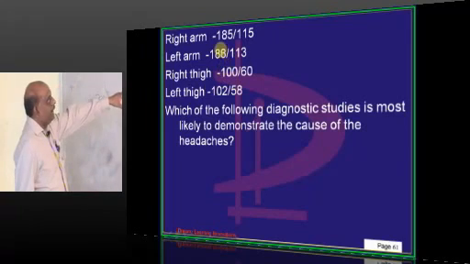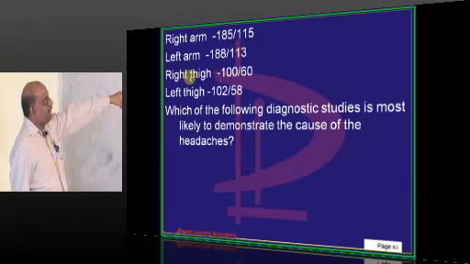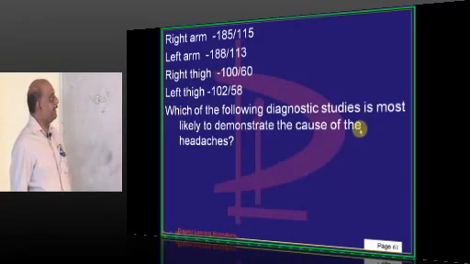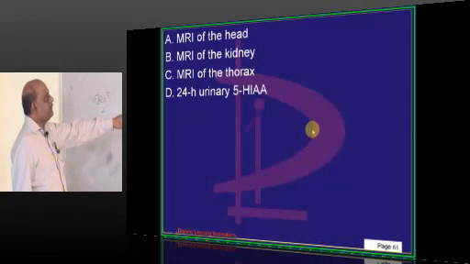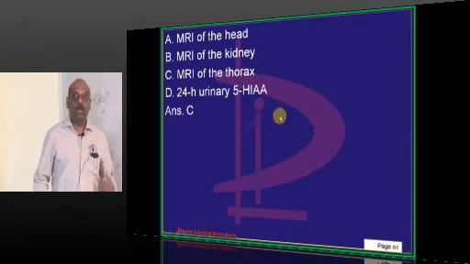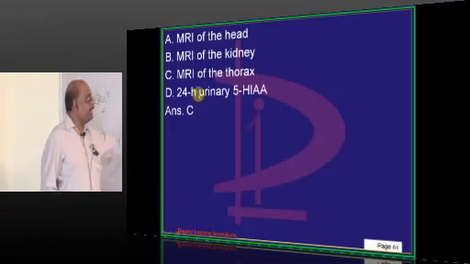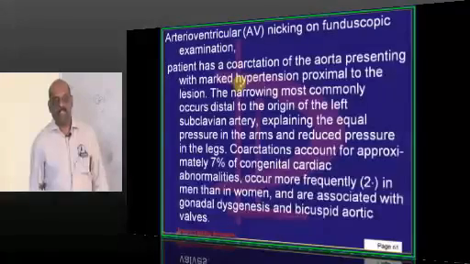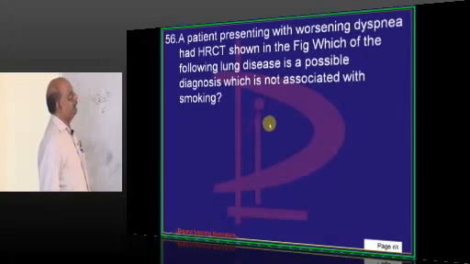His right arm and left arm have high pressure, right thigh and left thigh have low pressure. So what is the possibility in this case? Coarctation of aorta, which is identified by doing MRI of thorax, is what you have to understand.